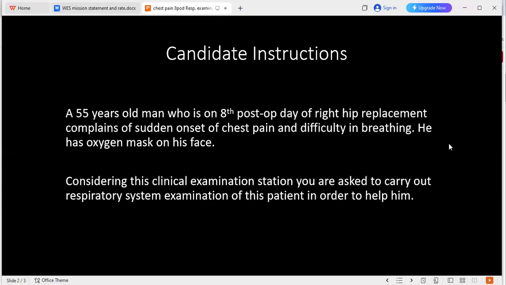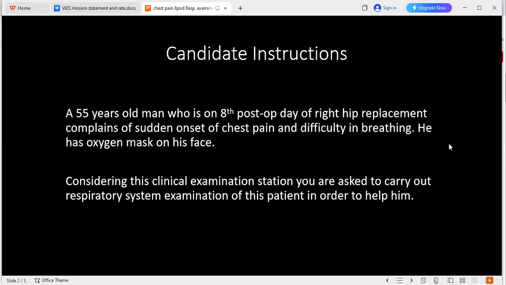On palpation, I looked for the lung movements in the front and in the back as well. I observed for the apex of the heartbeat. Then I also looked for vocal resonance. In percussion, I percussed the intercostal space from front and from behind to see for any change in the percussion note.